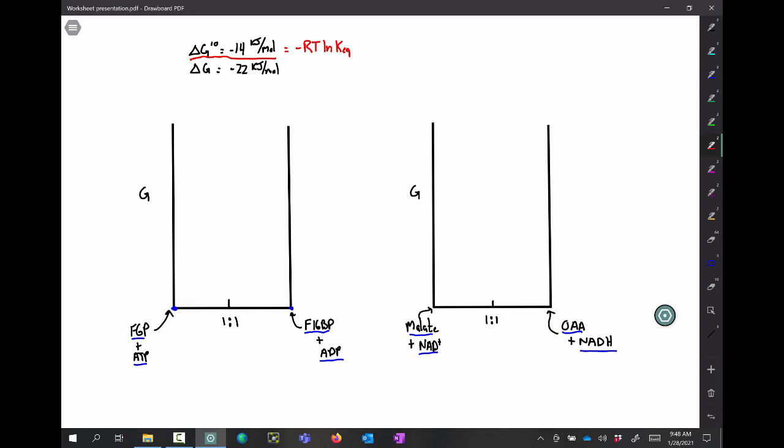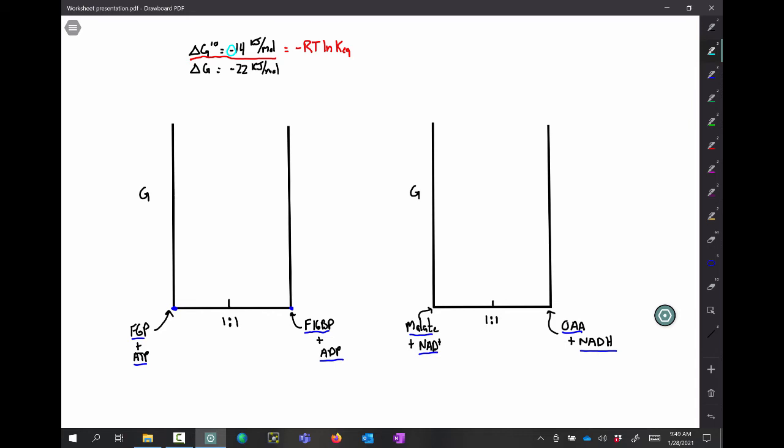Now, the arithmetic I think you could probably do, but something that I will point out to you is this: when we look at this reaction and its delta G at standard conditions, we notice that it has a negative value. And because it has a negative value, we can say that this is a reaction that is exergonic, or spontaneous, and will produce products to reach equilibrium from its starting point. Right?